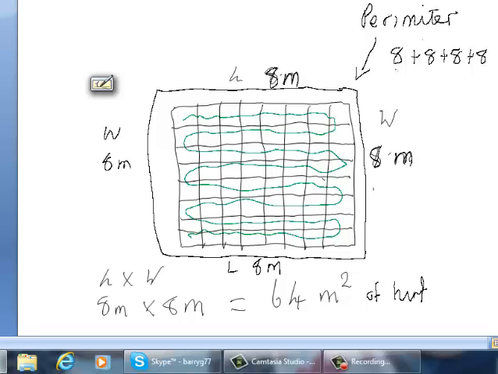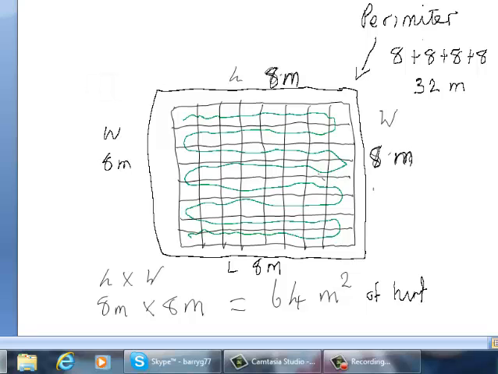So 4 8s. So we add them all together, and that gives us a total of 32 meters. So we require 32 meters of fencing panel in length to go around our square. We require 64 meter squared of turf to turf our new lawn area with inside the square.